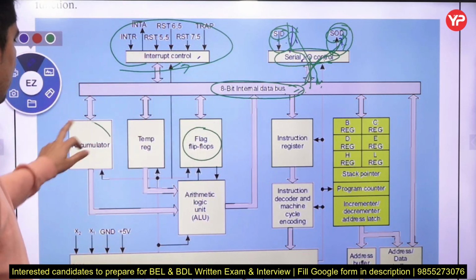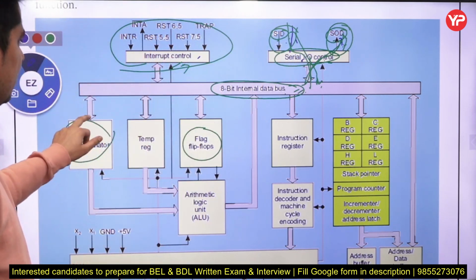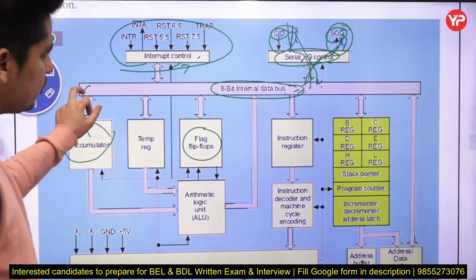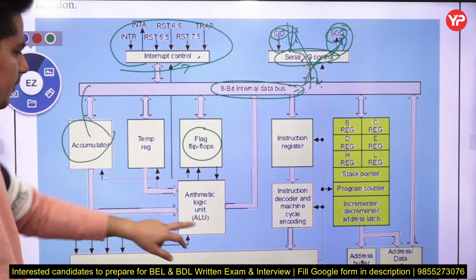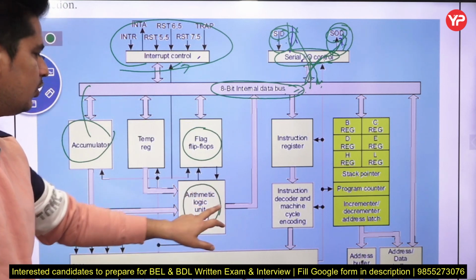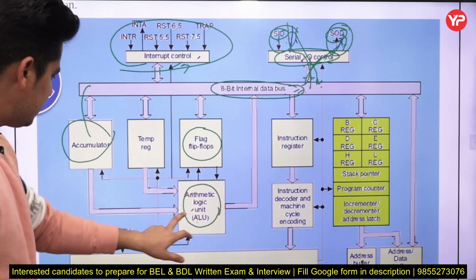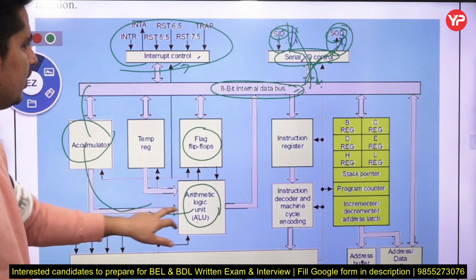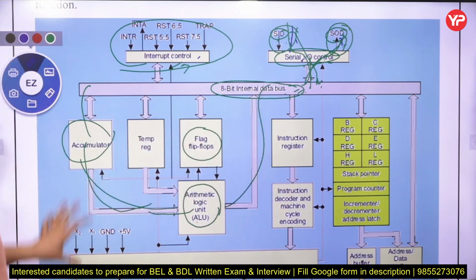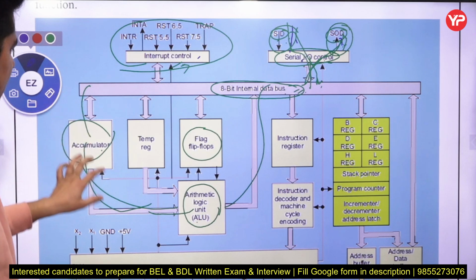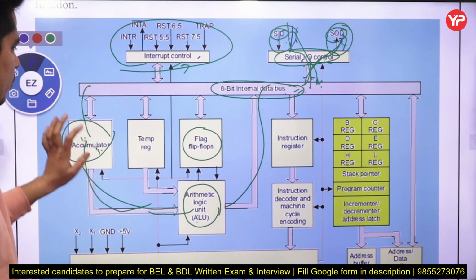This is your accumulator. The accumulator will store the data, and will store that data back into these registers. Whenever you are performing any arithmetic or logical operation in the ALU, it will store the data here, or it will store the data elsewhere. So basically the accumulator is where you can store the information.